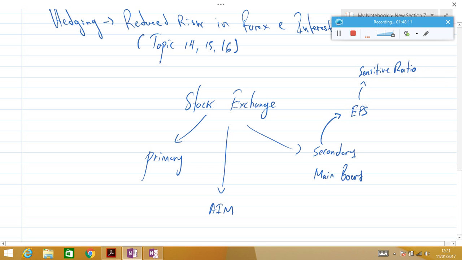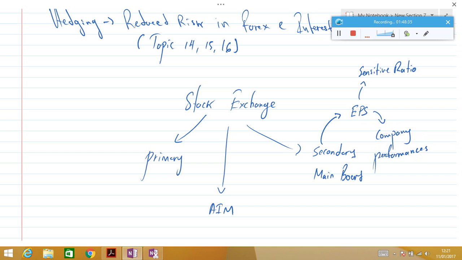Because if anything goes wrong with the EPS, that will reflect on the stock exchange, because EPS will determine the company performance. So that's why EPS is very important.